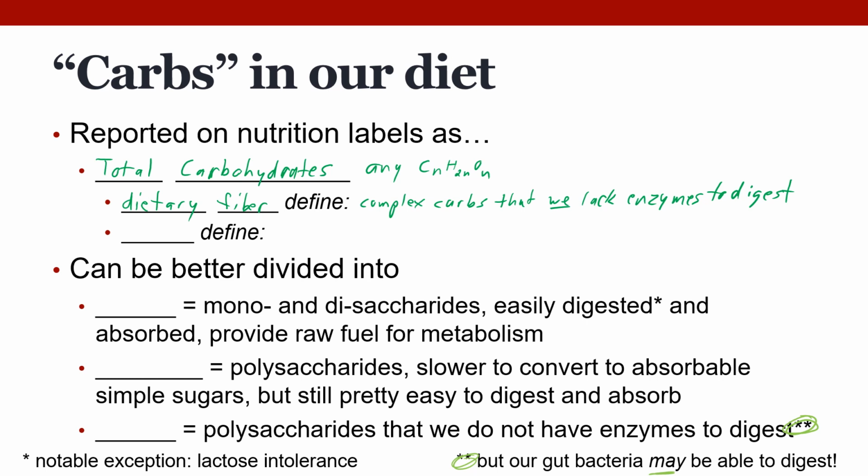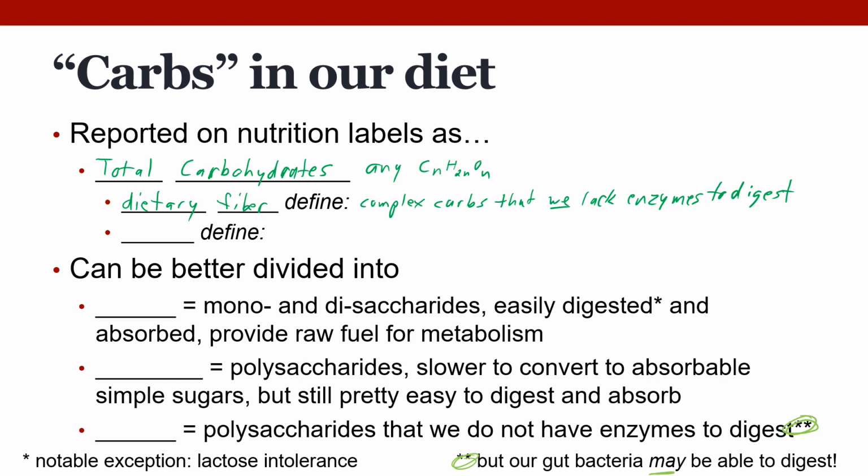Others of this is actually digested by colonic bacteria that have the ability to release important molecules from that dietary fiber, such as important vitamins and precursors for making other important molecules in our body.